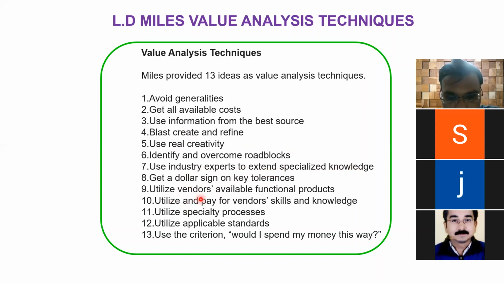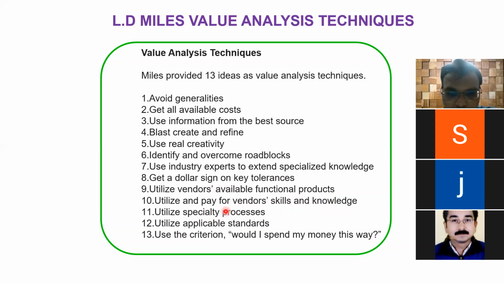And you have to utilize your supplier to achieve the functional products. You can use the suppliers to achieve the functionality of the products. Okay, and you have to utilize and pay for vendors. You can also utilize the skill of your suppliers, vendors, and also the knowledge of the suppliers.